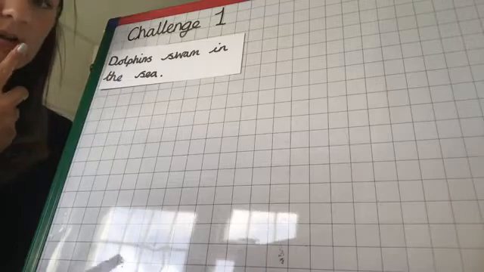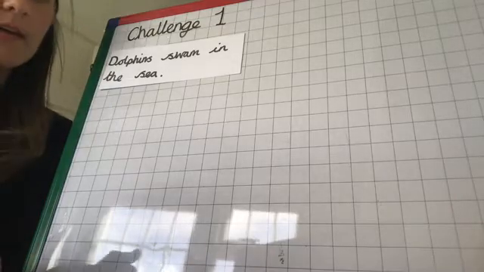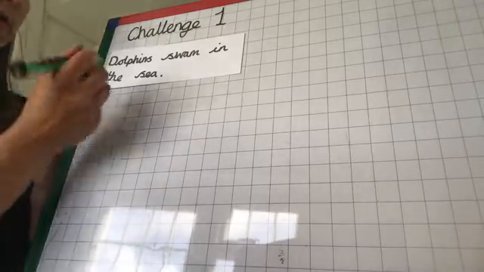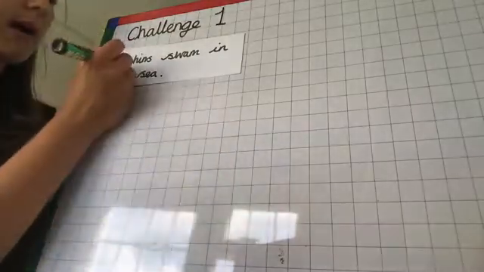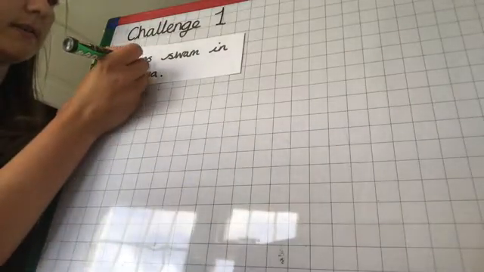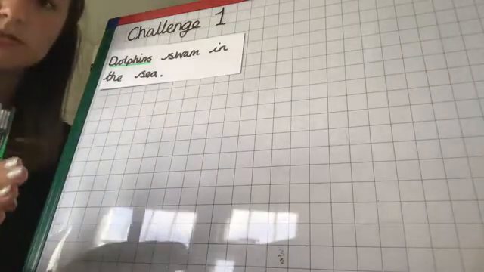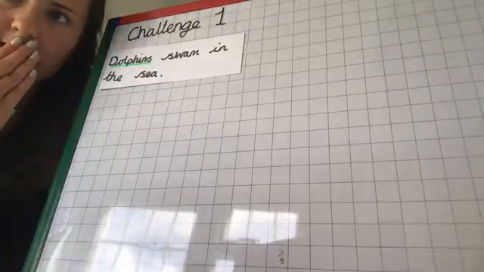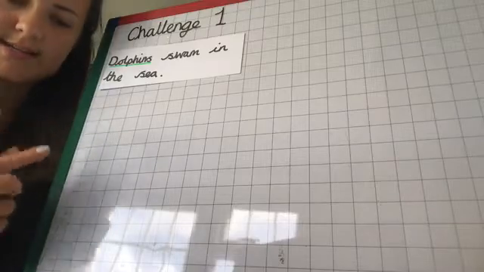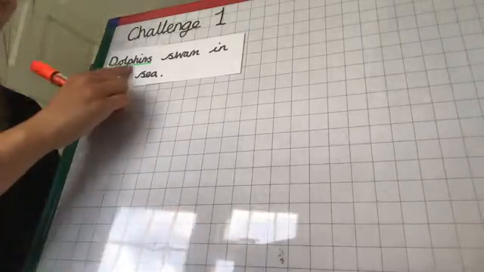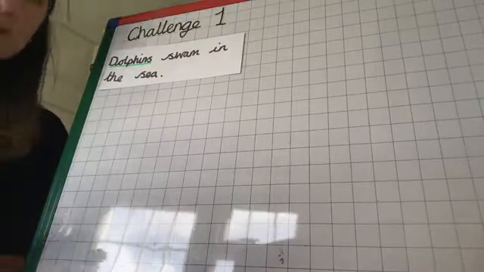What is the subject in my sentence? Fabulous, you're right, it is dolphins. So I'm going to get my green pen and I'm going to underline it here. Now, I've got to underline my predicate, and the predicate tells me what the subject is doing. The dolphins, they swam in the sea, so I know this is orange.